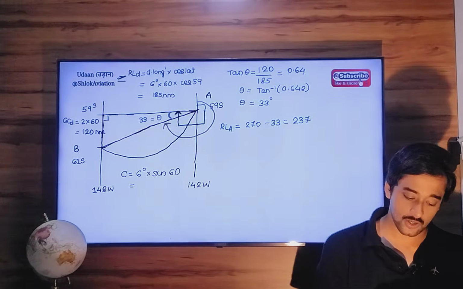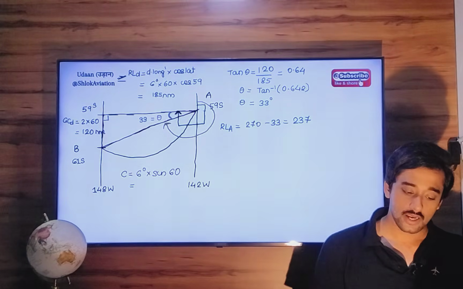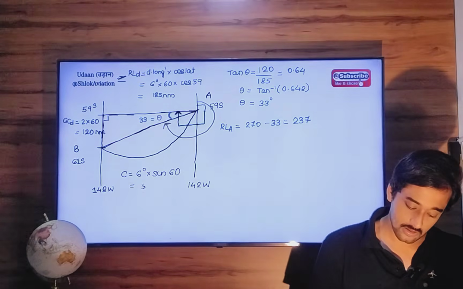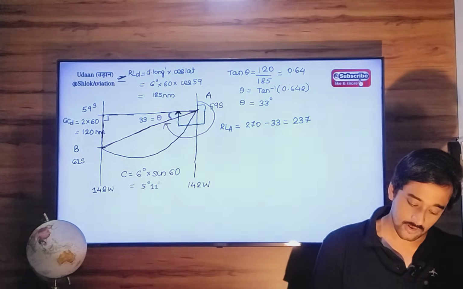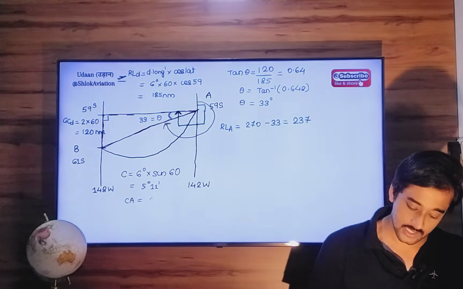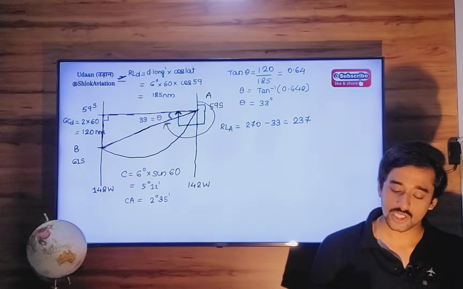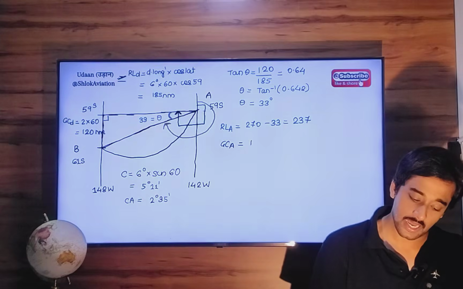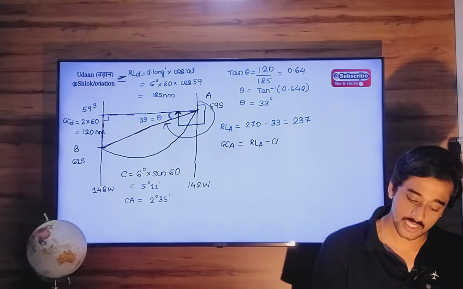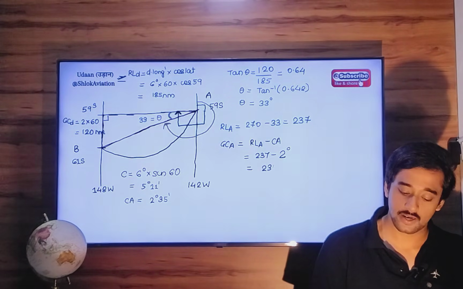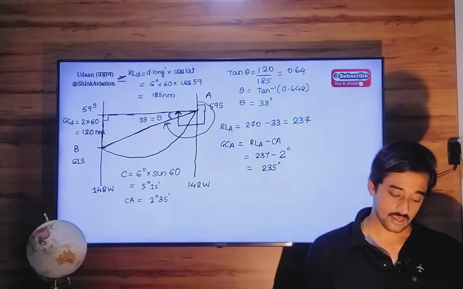So sin 60 into 6, that is 5 degree 11 minutes. Convergency angle will be half of that, 2 degree 35 minutes, or approximately 2 degree. So great circle at A will be Rumline at A minus convergency angle. So 237 minus 2 degree is 235 degrees. So this is the answer.